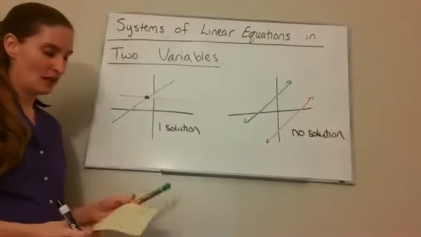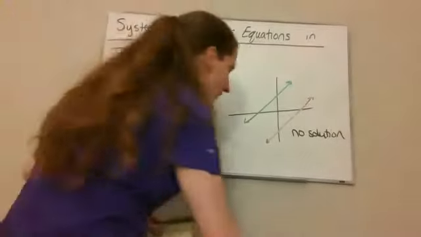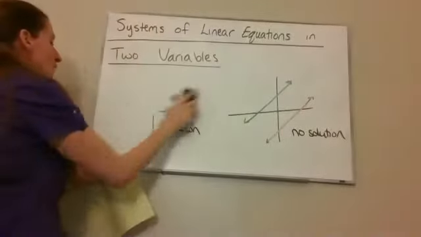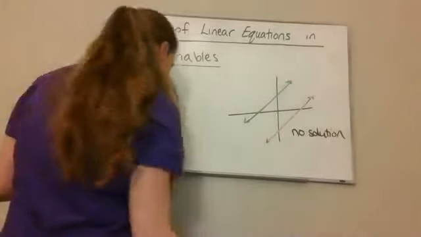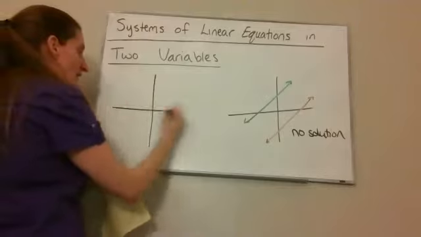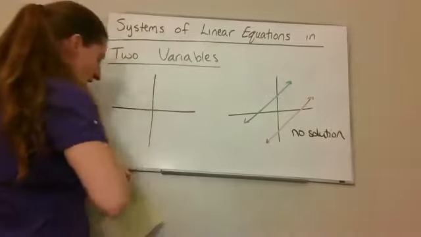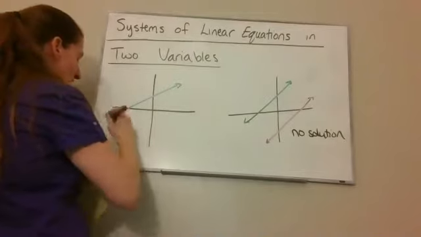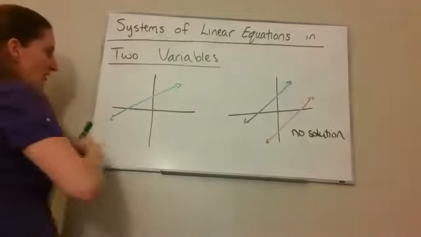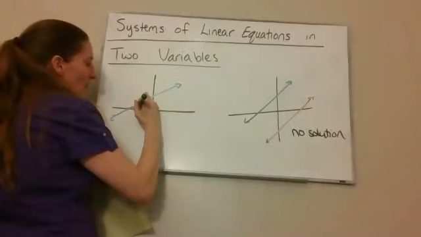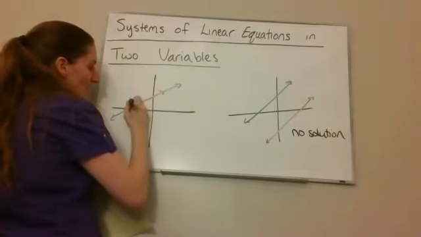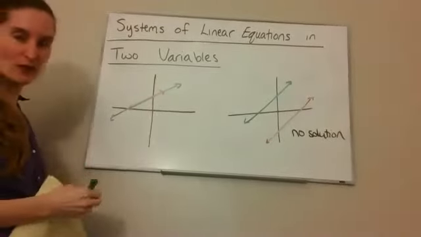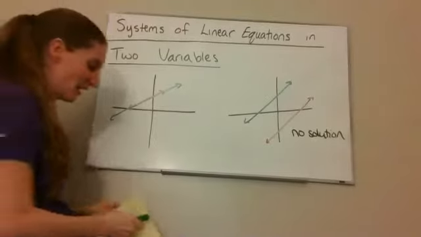And then the third possibility is if you were to graph the two linear equations, the graphs of the equations end up representing the same exact line. So here's one of the equations, and if you graph the other one, it lands directly on top of the first one. They're the same exact line.